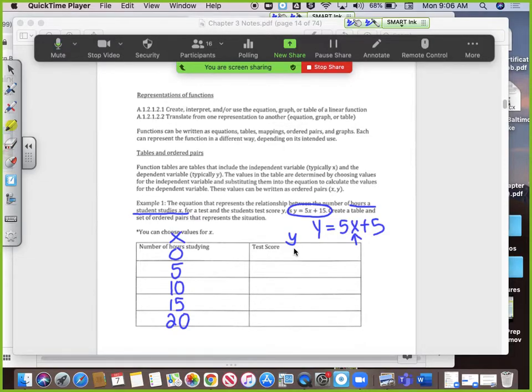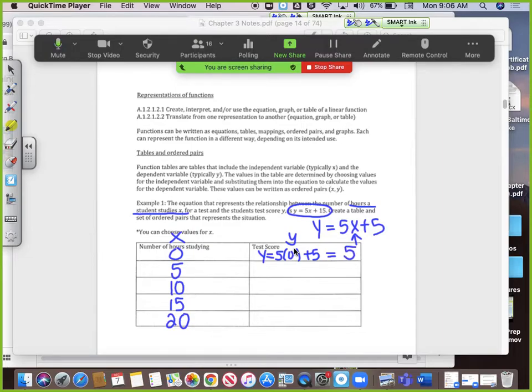The equation is y equals 5x plus 5. So we're going to be putting in here y equals 5 times 0 and then plus 5. And that's going to tell us our score. Well, if we study for 0 hours, 5 times 0 is 0 and 0 plus 5 is 5, our score is going to be a 5.